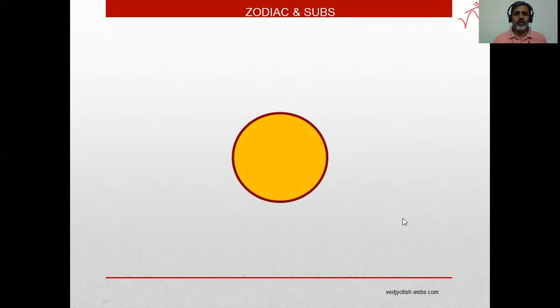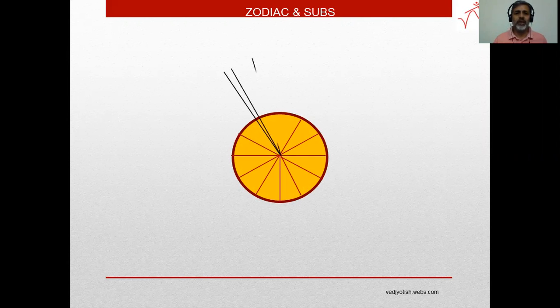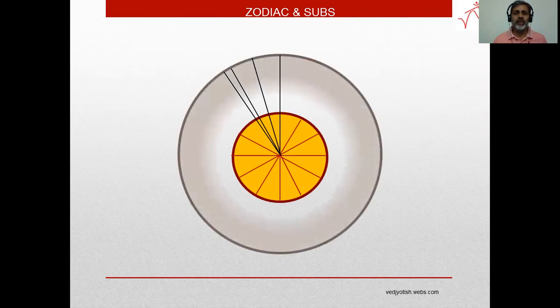We all know that the zodiac is divided into 12 signs starting from Aries to Pisces, and each sign spans for 30 degrees. In addition, we also have 27 nakshatras spanning 13 degrees 20 minutes, covering the complete zodiac.